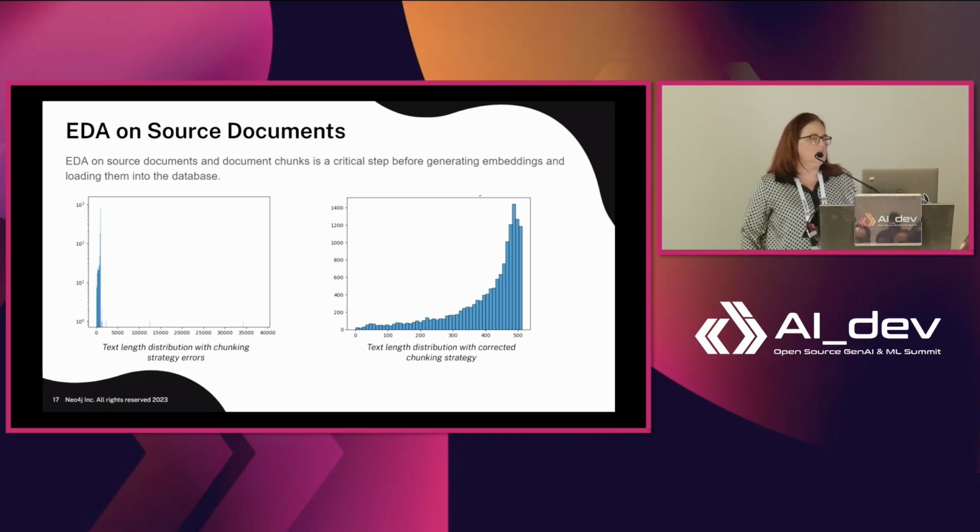But I come from the data science side. And so for me, when I look at our software applications, I'm always looking at how the data can give us a better outcome. So one of the things that we did first is we did some basic exploratory data analysis on the source documents themselves. And we saw this very weird, anomalous long tail of the text length. I don't know exactly what happened, but we certainly had an anomaly.